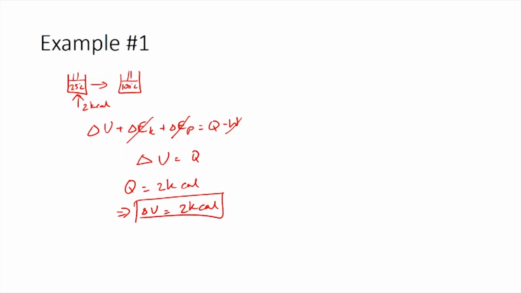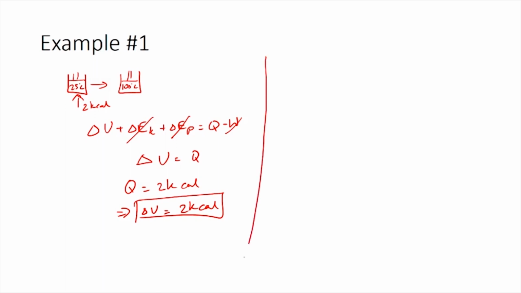So, the change in internal energy for the process where ideal gas is heated from 25 degrees Celsius to 100 degrees Celsius by supplying 2 kilocalories of heat is also 2 kilocalories. This is a simple calculation, but what I want you to understand here is we first identified that the system was a closed system and then wrote down the appropriate closed system's energy balance equation and cancelled out terms which went to 0, and based on this we were able to calculate the unknowns.